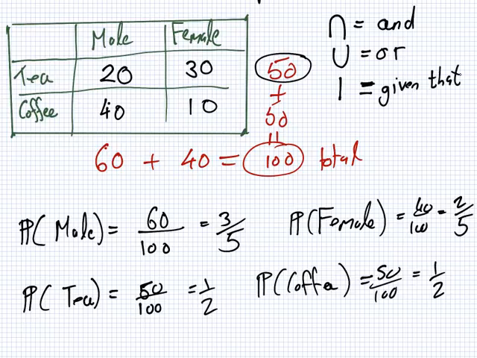For probability, I think they might be opposite to what you're used to in sets. This is definitely and, and this is definitely or. This is given that. And this little symbol here means not.